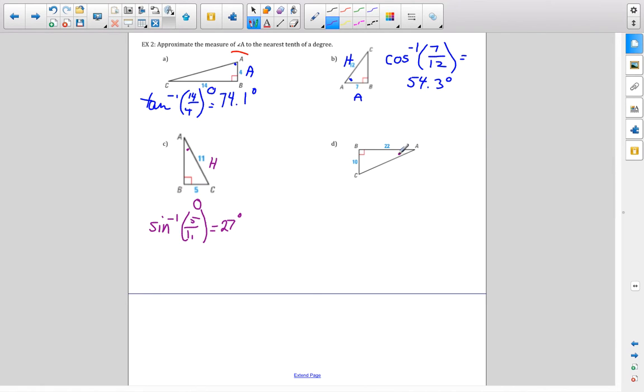Okay, here's angle A on problem D. Opposite is 10, adjacent is 22. Don't have the hypotenuse. O and A, that sounds like TOA, so I'm going to use the tangent function, and I'll put in the opposite over the adjacent. 10 divided by 22, close up those parentheses, and we get 24.44, so I'll round to 24.4 degrees.